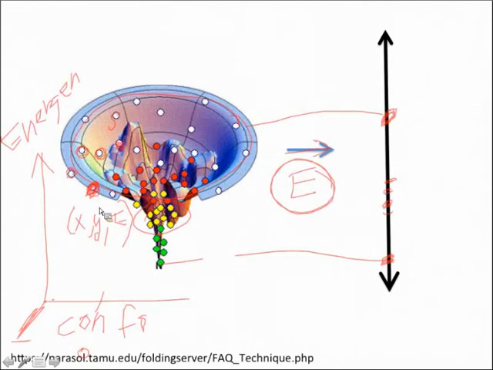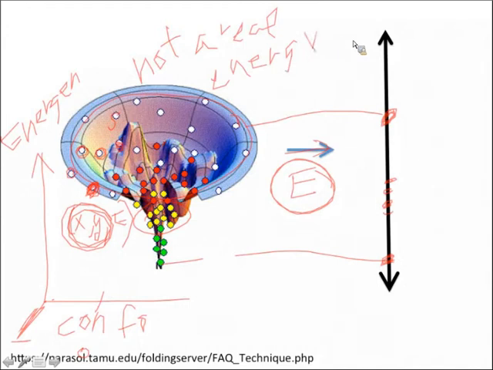And so I'm just using two coordinates to identify my conformation. In other words, this is not a real energy landscape because there is no way one can represent a real protein conformation using only two coordinates. You need way more coordinates.